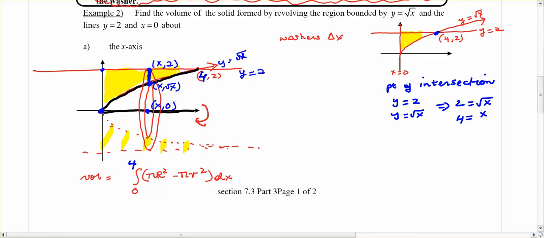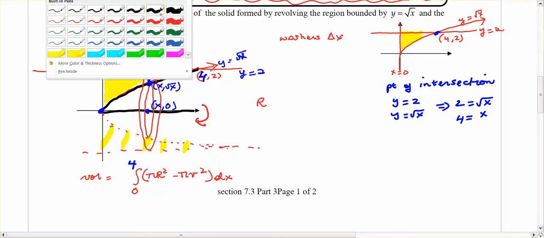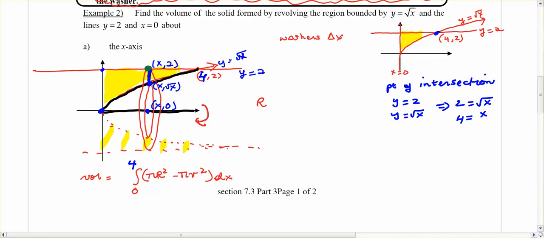Okay, so let's figure out what big R and little r happen to be. Big R is the distance between what? The outer rim of the washer, there it is, and the center. Okay, 2 vertical points, one above the other. I subtract the y values. It's going to be the upper y, which is 2, minus the lower y, which is 0.